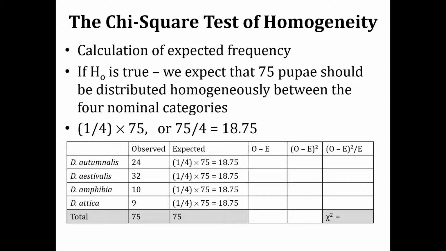And in the last column we have the square of the difference divided by the expected frequency. We do this calculation separately for every class, and then we take the sum of the last column, and that sum is our chi-square value. So this is the method of calculating the chi-square value from your observed and expected frequencies.